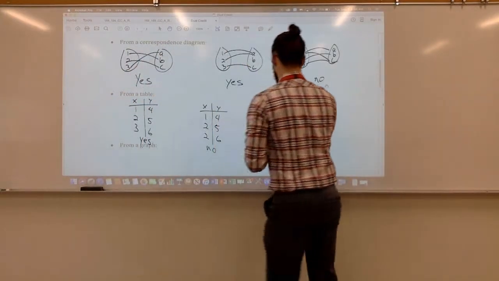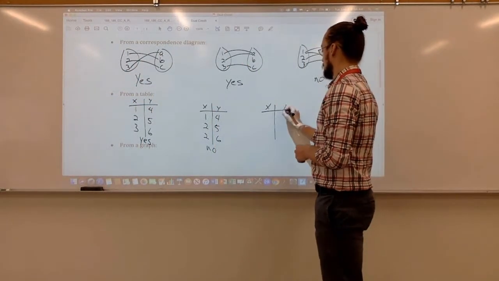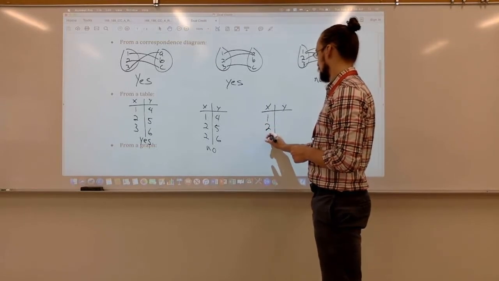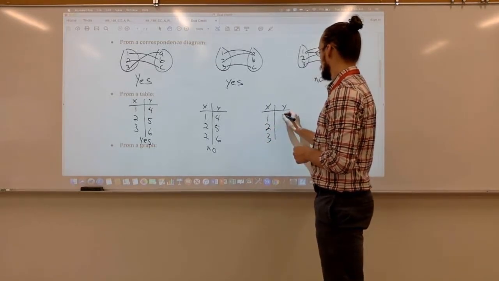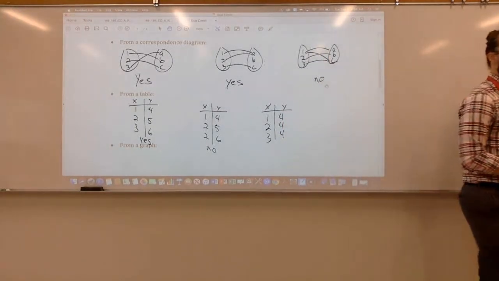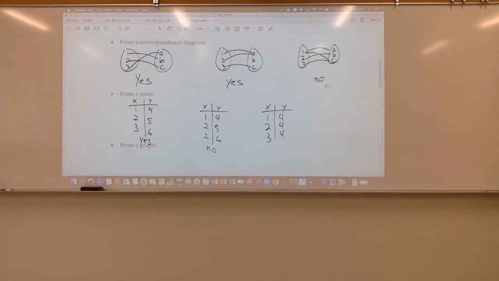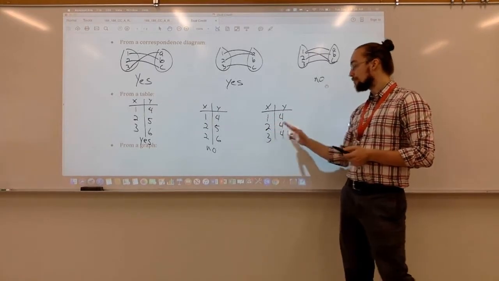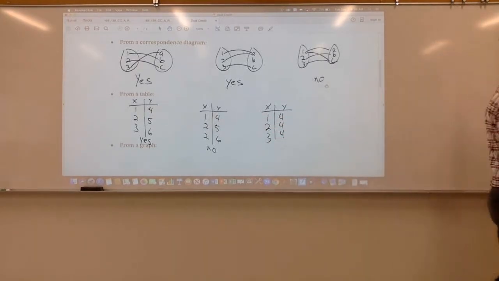How about this one? Is that a function, even though the y value is the same every time? Yes. This is still a function because for each input, I'm getting exactly one output.